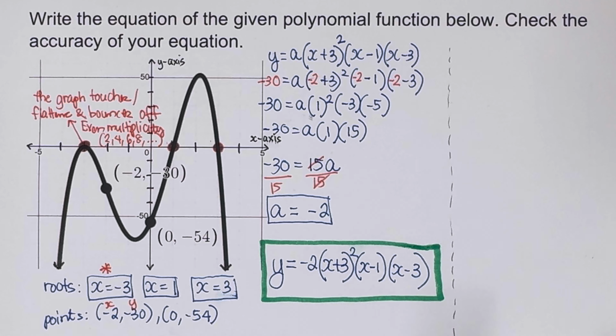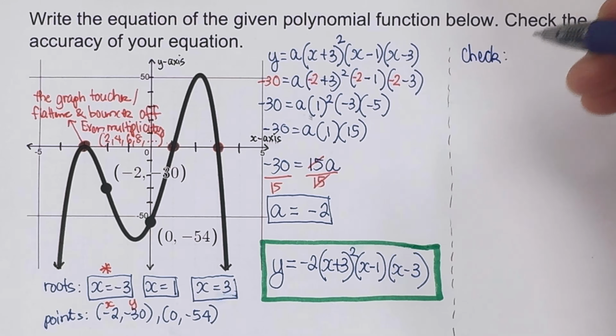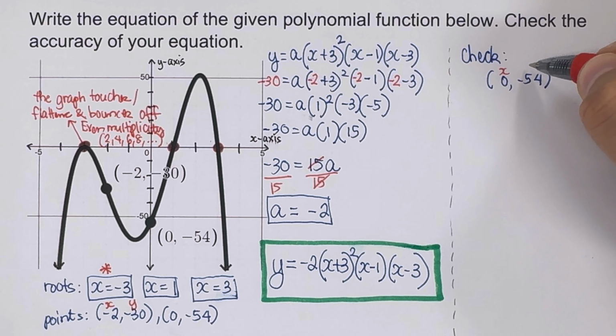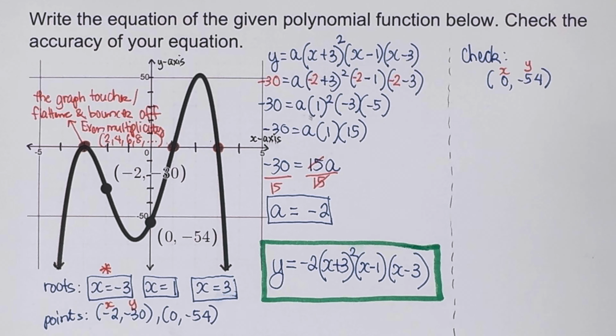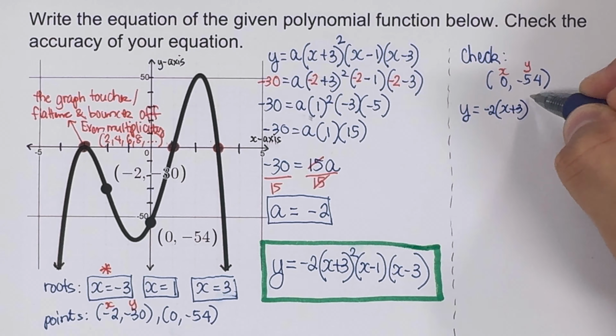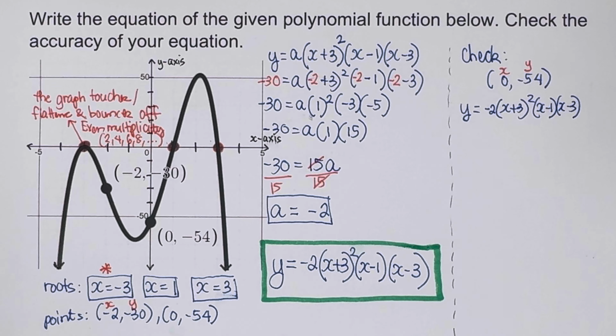Now we are going to check whether this equation works by using this other point here. I'm going to show the work on the side. We're going to have 0 as our x and -54 as our y. So I'm going to go ahead and rewrite this equation up here. Now we are going to plug in 0 and -54.